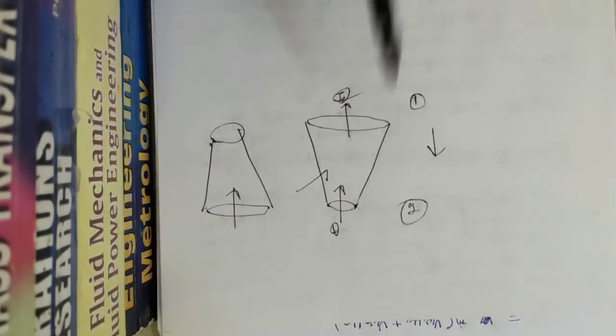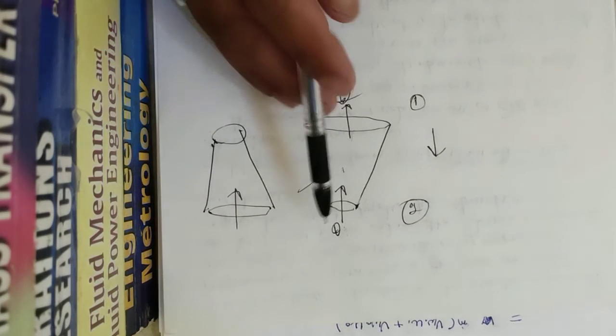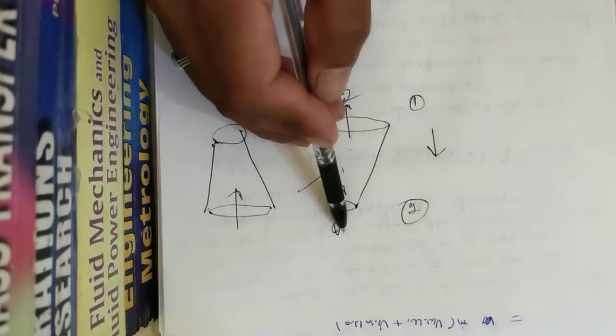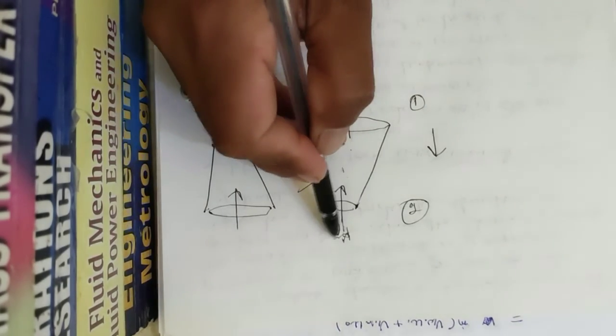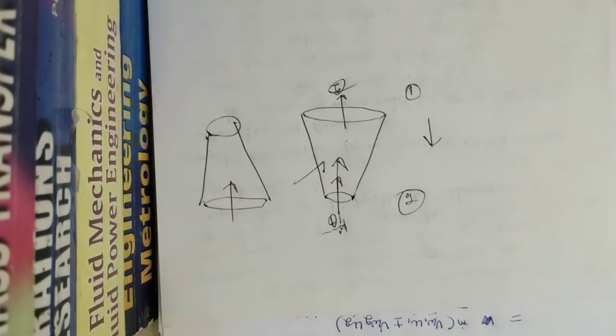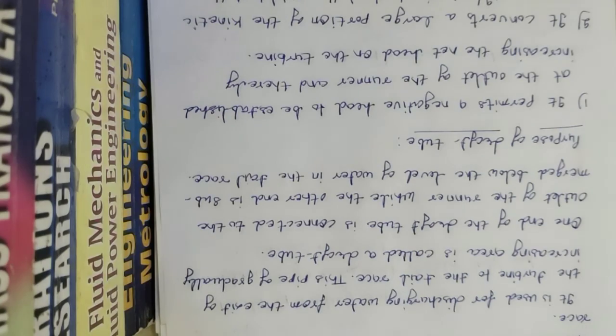As I have already told you, in the turbine draft tube the cross section area gradually increases. So at the inlet, kinetic energy is converted into pressure energy. So it is also used to convert a large portion of the kinetic energy into pressure energy.